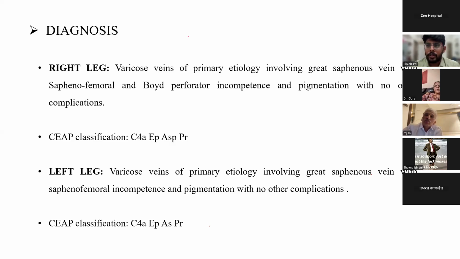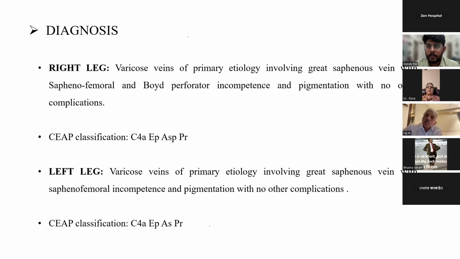In this patient, which components of C are present? You have to tell us all. C2 and C4A. What is C2? Ma'am, varicose veins. Then C3 is? Edema. He has no edema according to you. No, ma'am. Okay. Then C4 includes? Ma'am, C4A includes pigmentation and eczema.